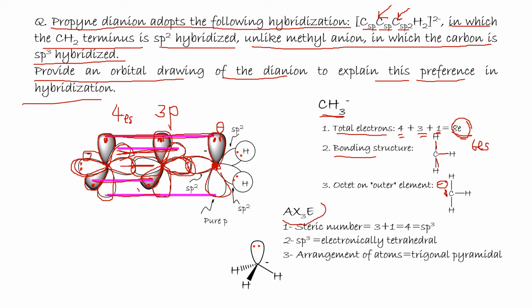This belongs to AX3E, steric number 3 plus 1 is 4, so it's sp3, and sp3, as we know, has an electronically tetrahedral arrangement of atoms, and the shape is trigonal pyramidal.